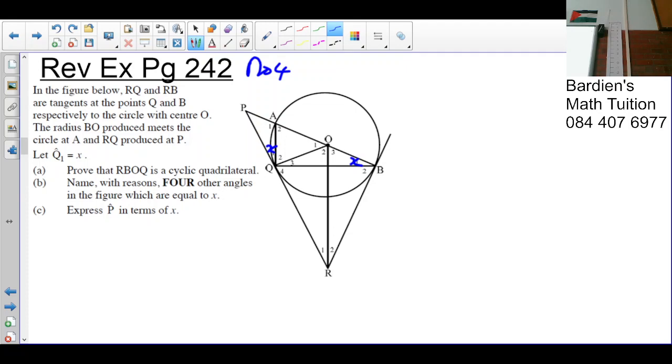Tan-chord theorem. We also know that Q4 is equal to B2. Angles opposite equal sides. Not so? Because QR is equal to RB. Why is QR equal to RB? Tangents from a common external point. Okay?